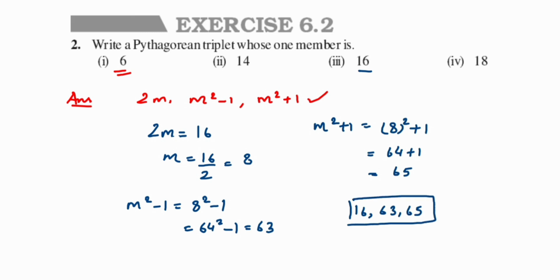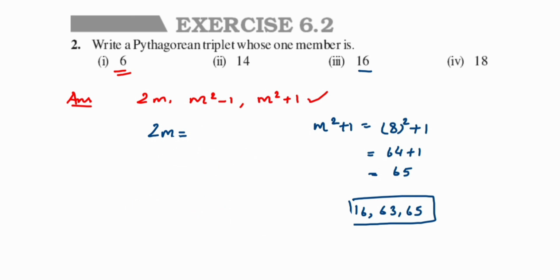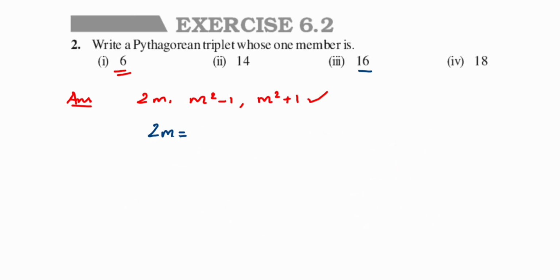Whenever an even number is given, it's better to take 2m as the value and then find the value of m. Now this is the last one. So 2m is equal to 18. So m is equal to 18 upon 2, which is 9. So m square minus 1 is 9 square minus 1, which is 81 minus 1, which gives me 80.